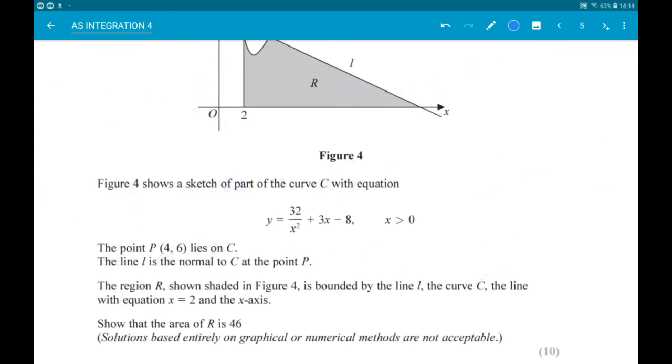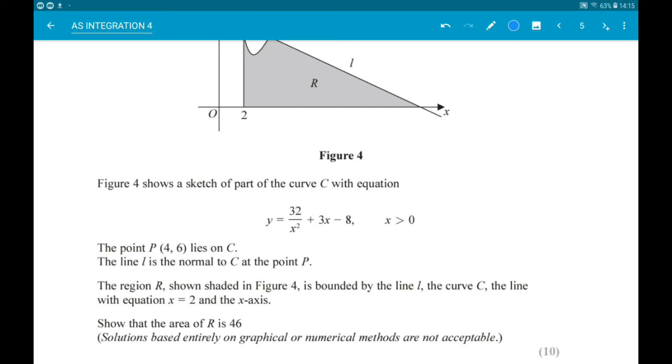And then number 4, so, 10 marker. So the curve C has equation y is 32 over x squared plus 3x minus 8, for x greater than 0.